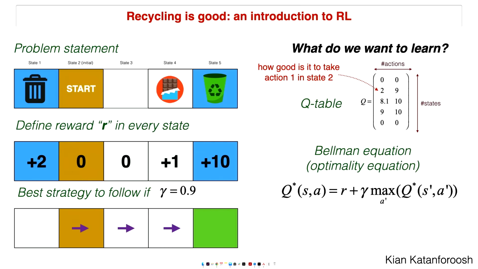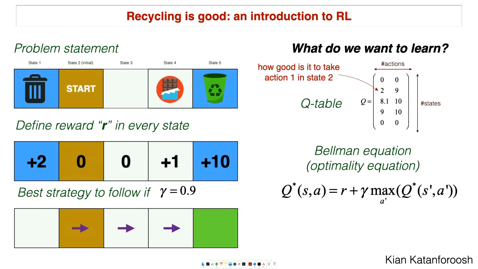Now, one of the most important concepts in reinforcement learning is this equation on the board called the Bellman optimality equation. Oftentimes you'll see it noted as Q star of state S and action A equals R plus gamma times the max of that same function applied to S prime A prime.